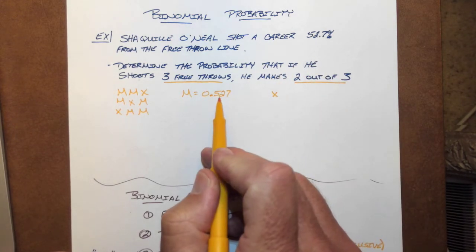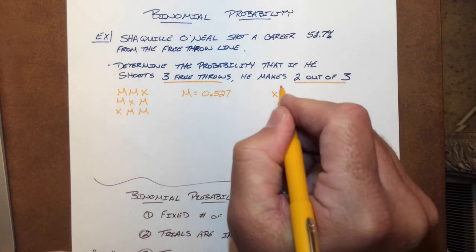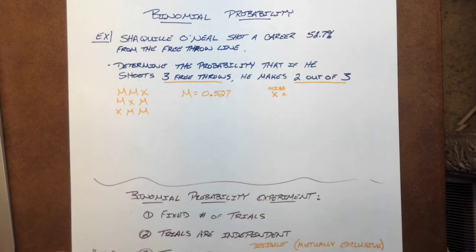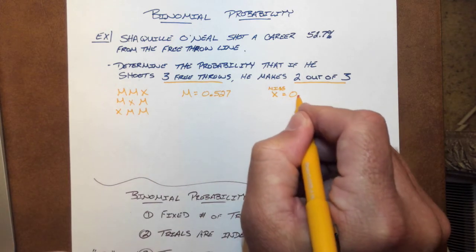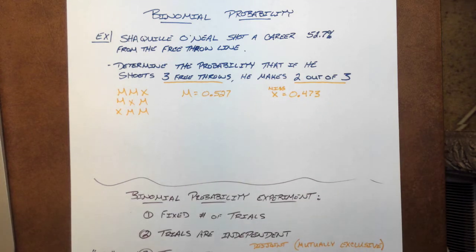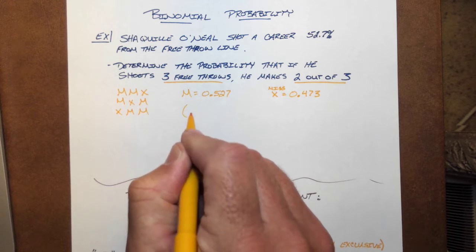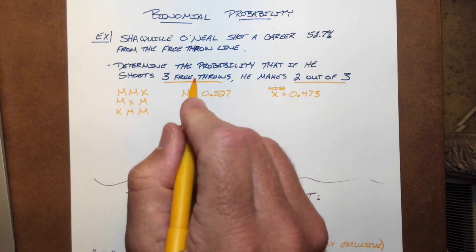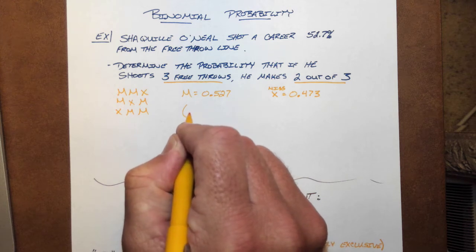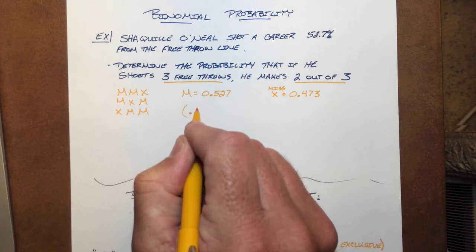What's the probability that he misses? The complement to this, 1 minus this. So this is a miss in this case, not the variable x. So a miss probability is 0.473. As we're figuring this out, recall, this one goes back a ways. I said we want 3 makes in a row, I'm sorry, we need 2 of the 3 to be makes.